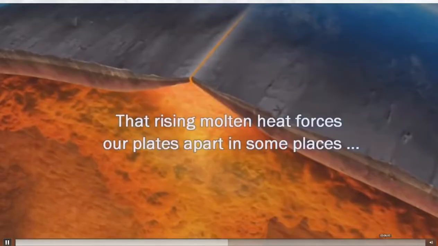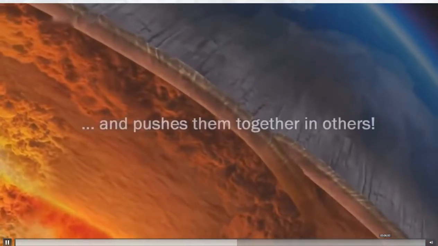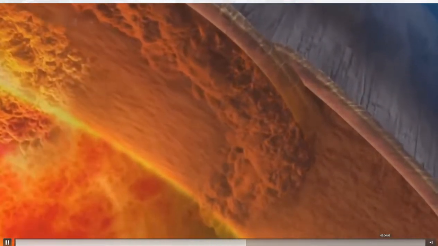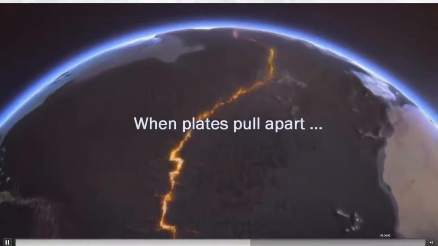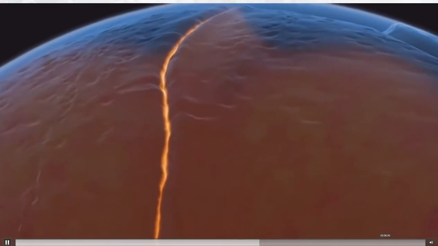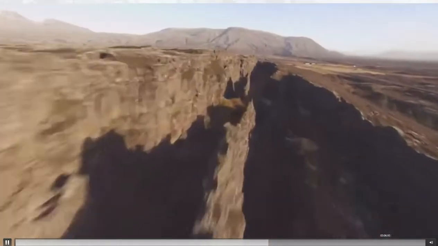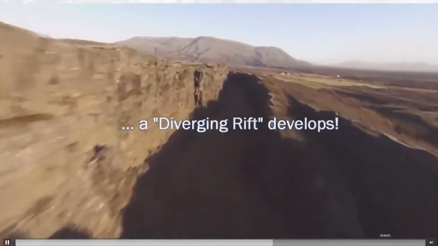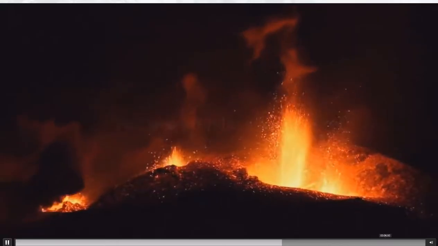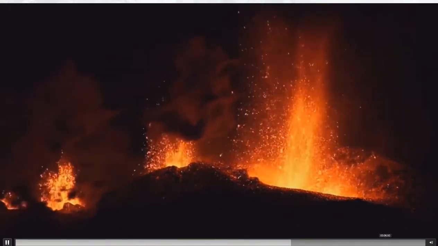Rising molten heat forces our plates apart in some places and pushes them together in others. When plates pull apart, a diverging rift develops. Volcanic eruptions occur here.